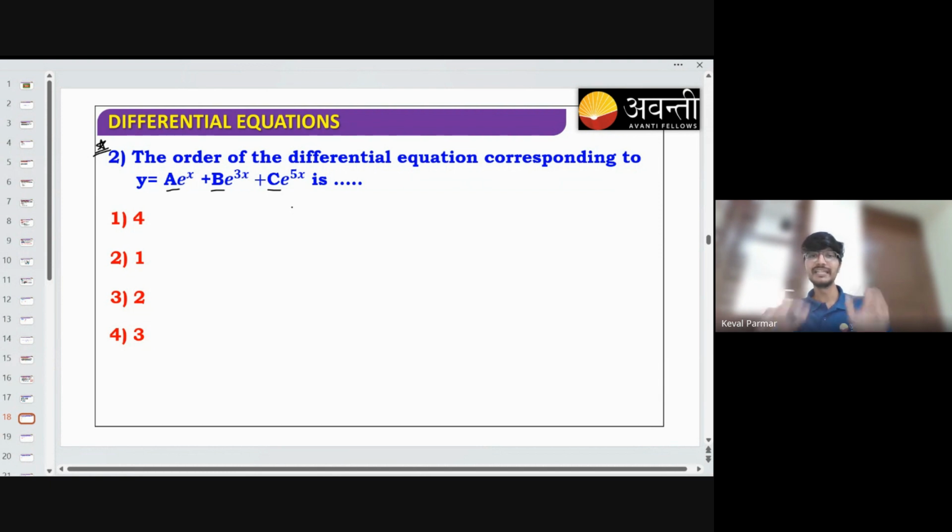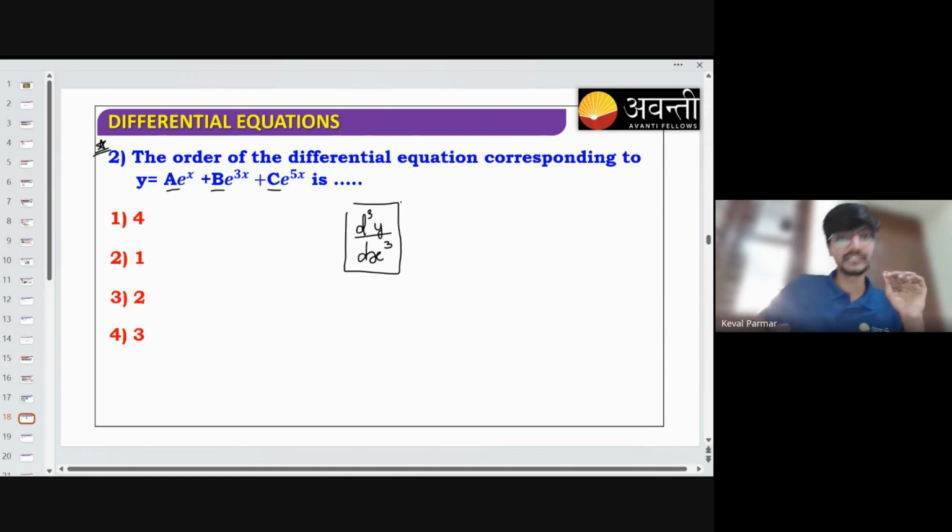Now, just imagine I am not differentiating it. But if I was to differentiate, I need to differentiate exactly 3 times. And if I differentiate 3 times, finally I will get d3y over dx cube. Got it? And if in an equation I got d3y over dx cube, then what is the order?